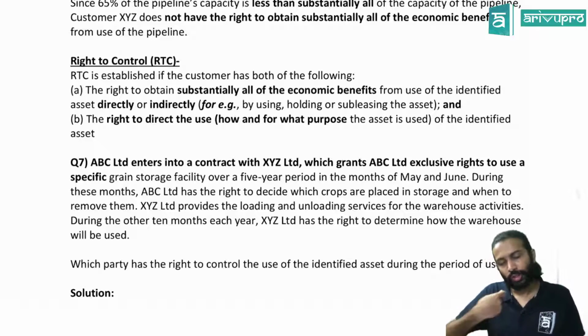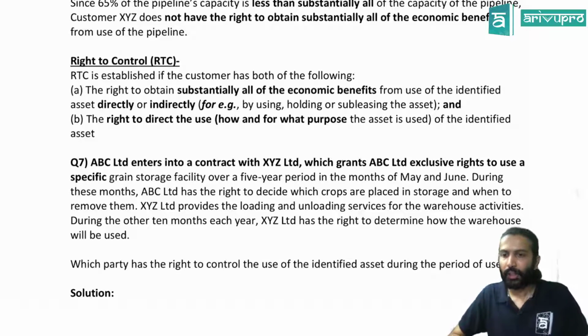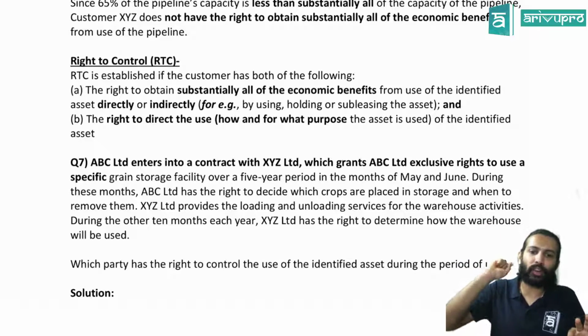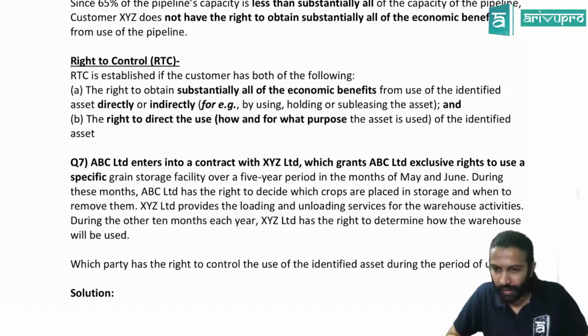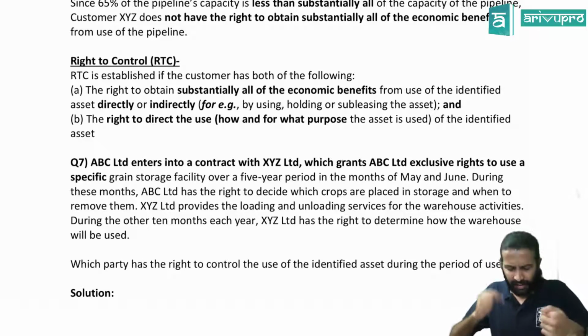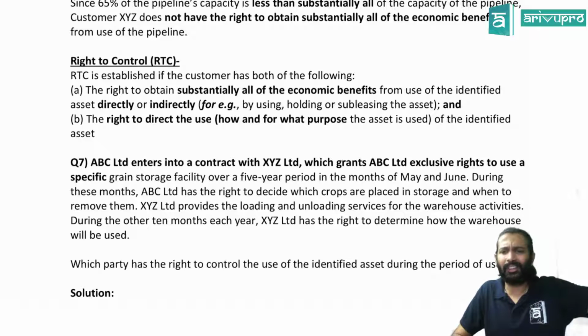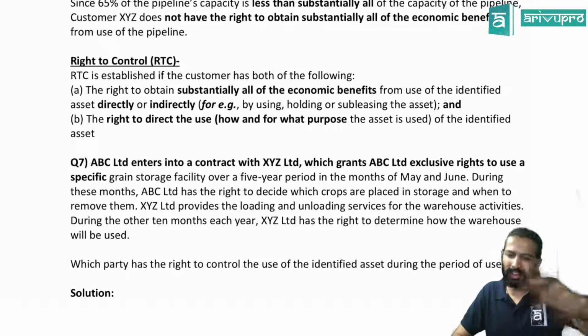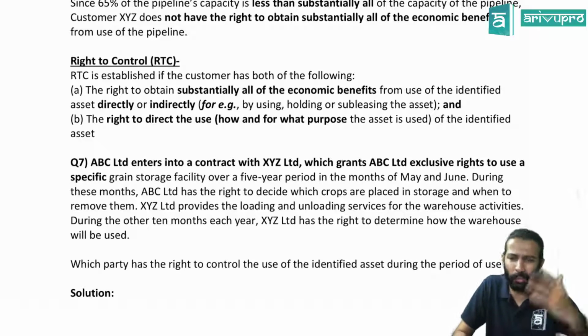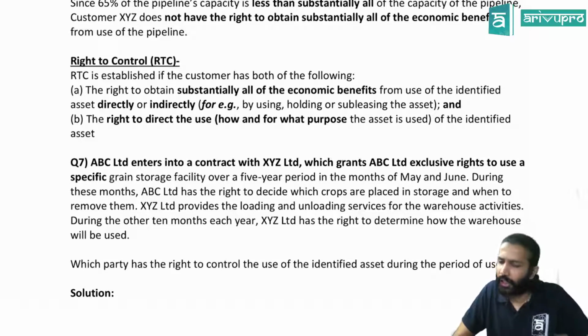He follows Ind AS 109 amortized cost accounting for lease liability. For ROU, initially he'll use Ind AS 116 to find its value, thereafter Ind AS 16, PPE concepts: cost model, revaluation model, depreciation, impairment. So accounting will be quite fancy.